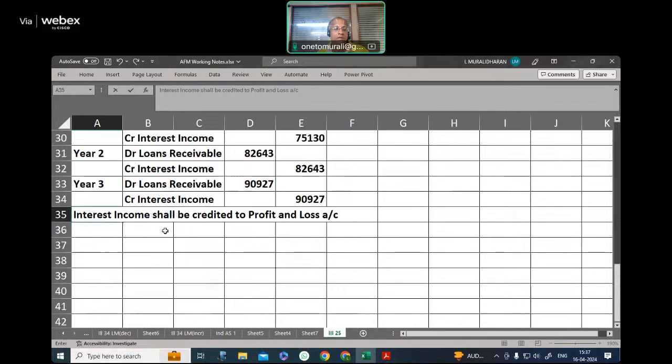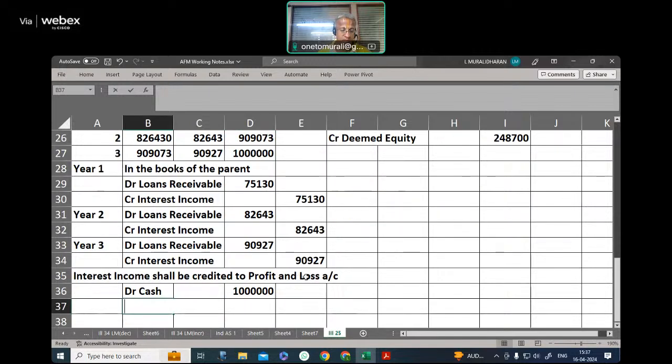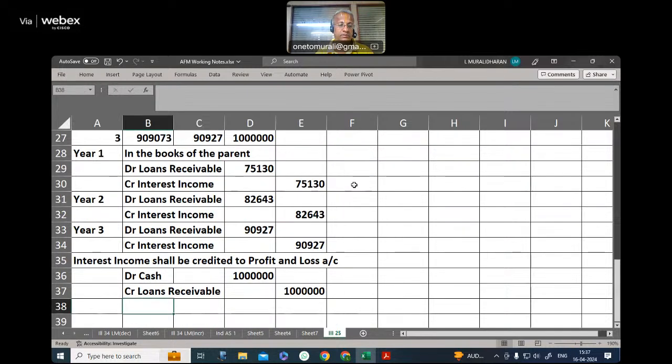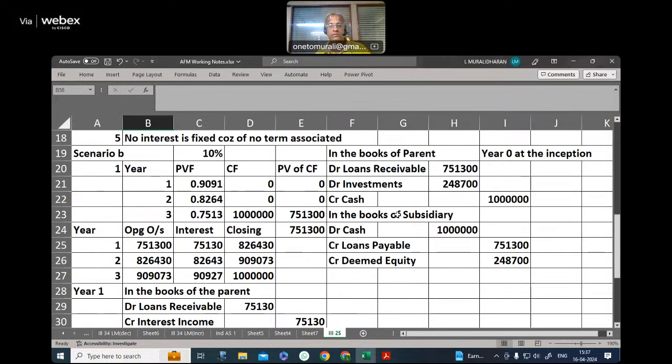Then debit cash 10 lakhs and credit loans receivable 10 lakhs. Correct?